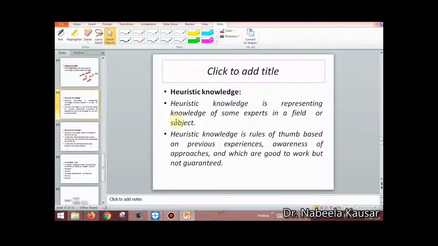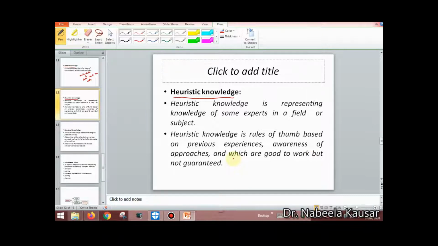The next type of knowledge we are going to discuss is heuristic knowledge. Heuristic knowledge is the knowledge of some expert person in the field. Heuristic knowledge contains rules of thumb based on previous experience and awareness of approaches which are good to work but are not guaranteed.